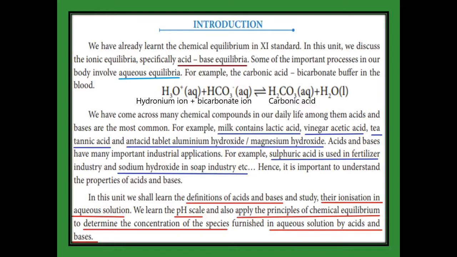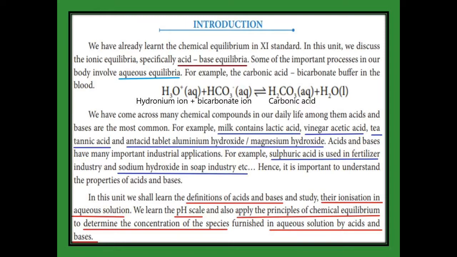So we have to know about the properties of acids and bases. Then we can come to know the mechanism and some other properties. Then the next paragraph I already discussed in the introduction. In this lesson we are going to see the definition of acids and bases, then their ionization in aqueous solution, and the pH scale. pH is the negative logarithm of H plus concentration.